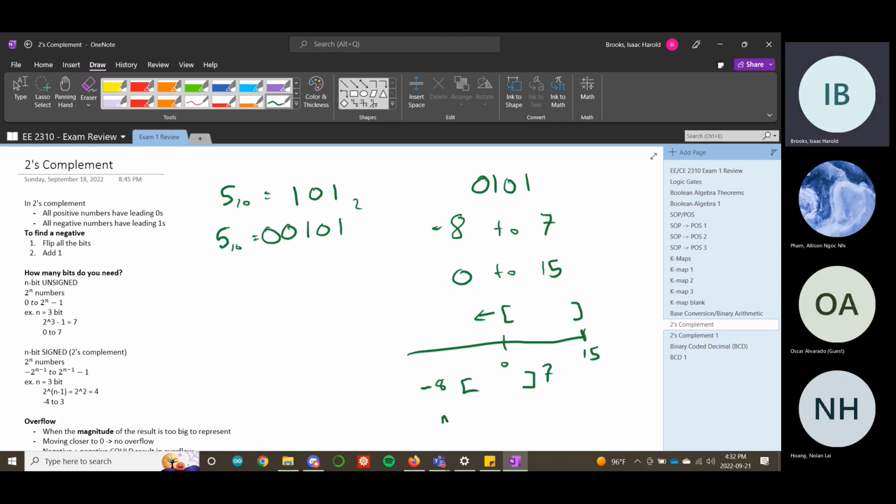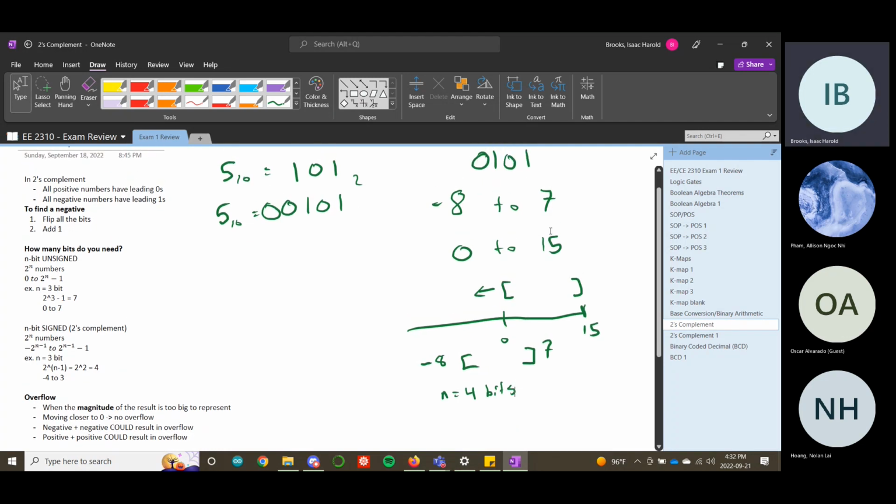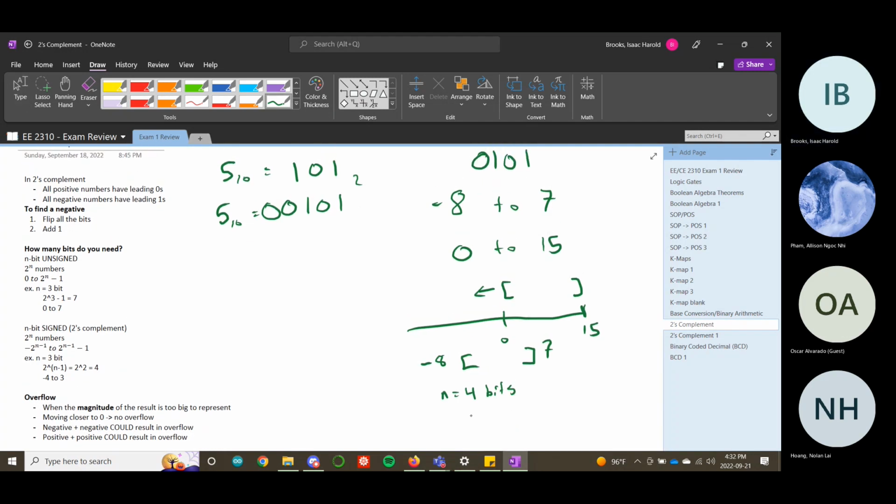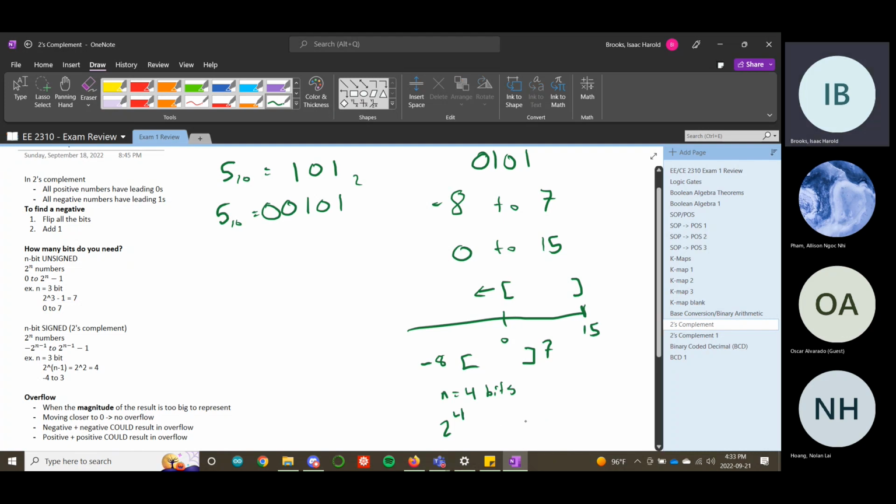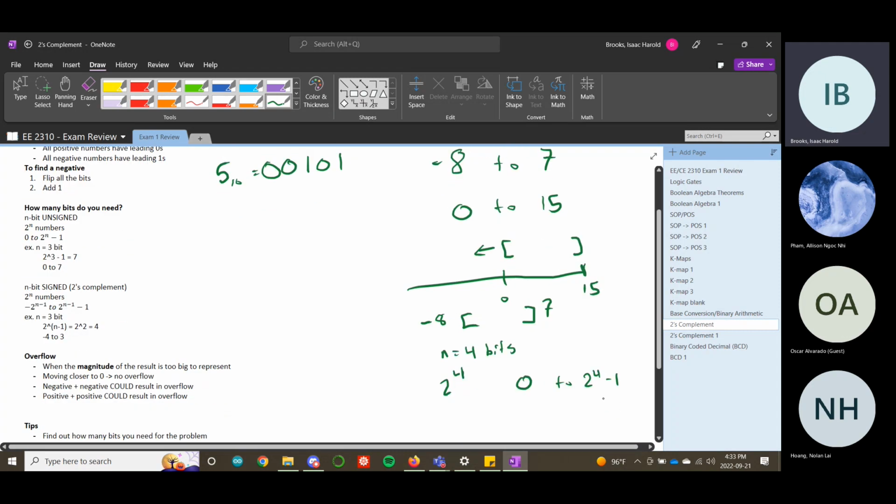So n equals 4 bits. The number of numbers we can represent is 2 to the 4. We can represent 2 to the 4 numbers, and those range from 0 to 2 to the 4 minus 1, which is 16 numbers from 0 to 15.